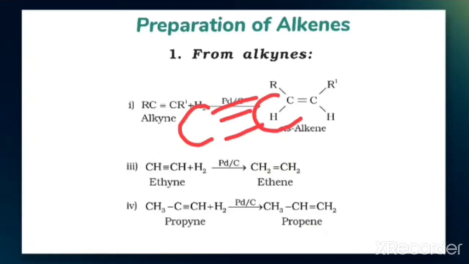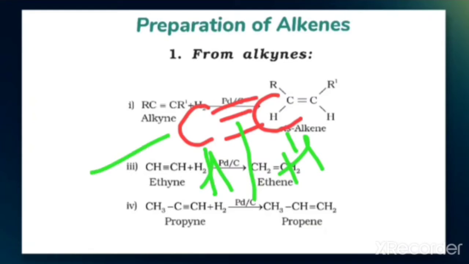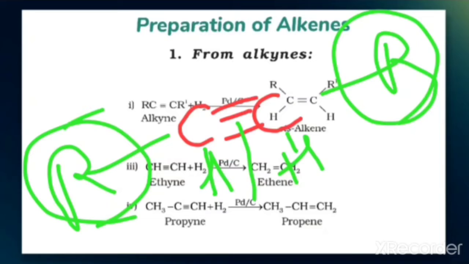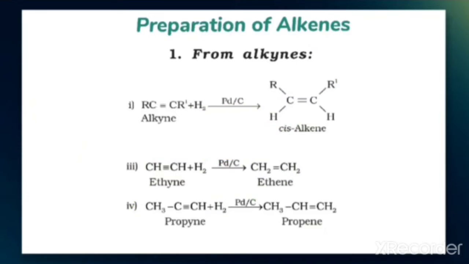You have to break one of the bonds there, add one hydrogen here, and add one hydrogen here. Whatever else is there will be written as it is. So this is the method of preparation from alkynes.